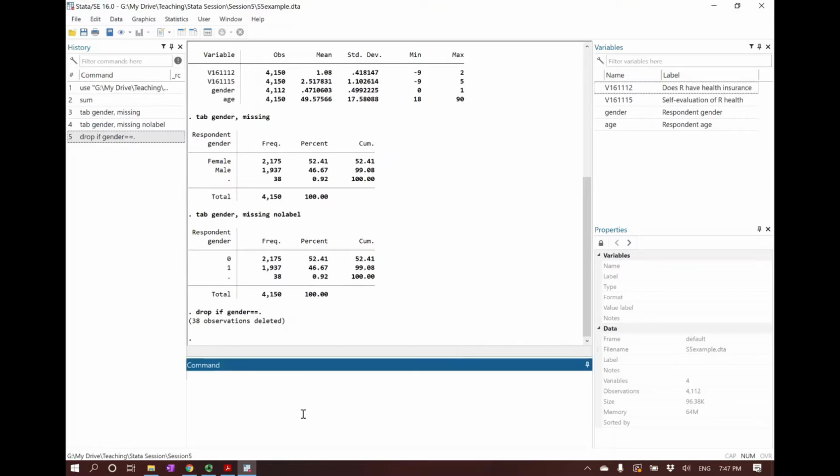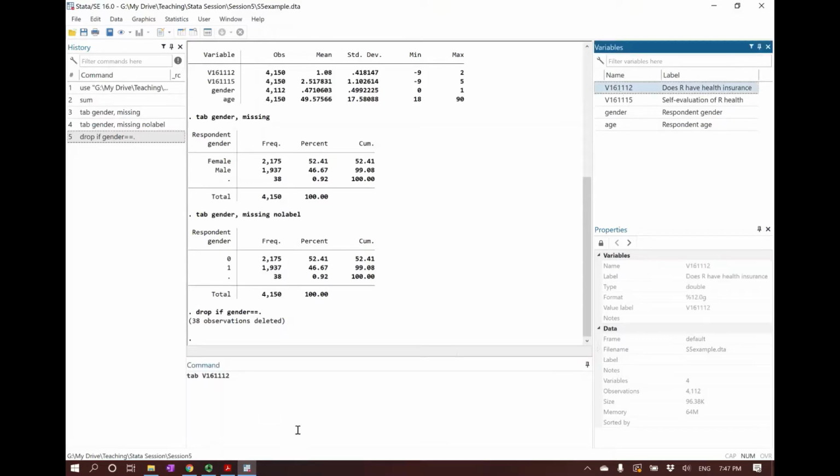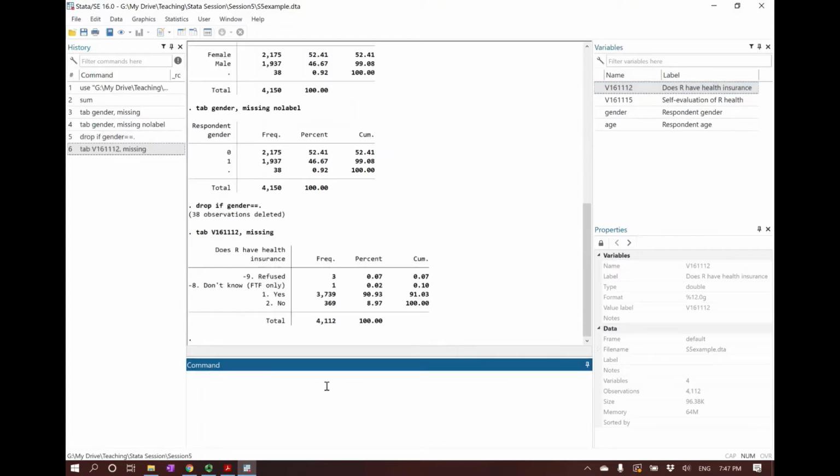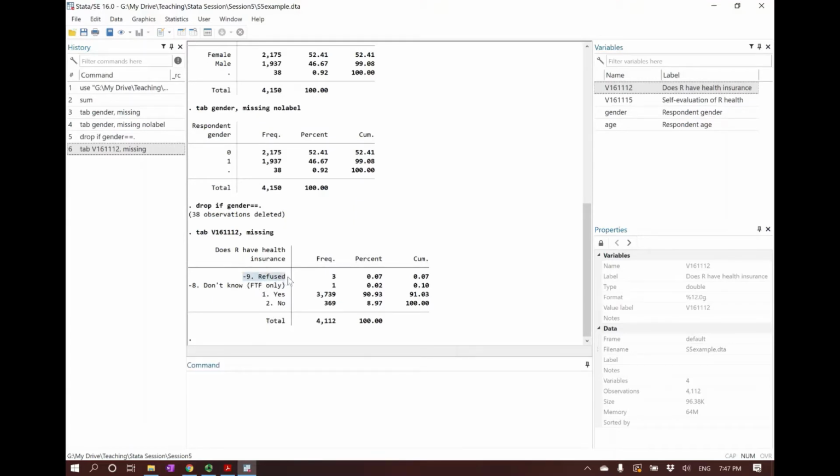So now I'm going to tab my first variable, on having insurance or not. So tab V161112, missing. I do not have any missing categories, but I do have 1 category that shows refused and another category that shows don't know. So actually I have 4 observations that do not give me the information on whether the respondents have insurance.